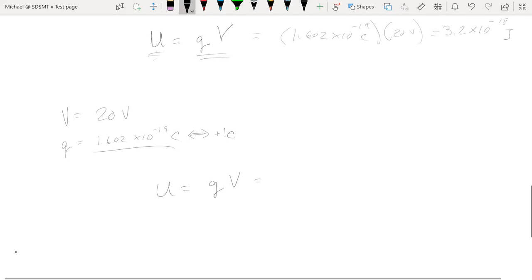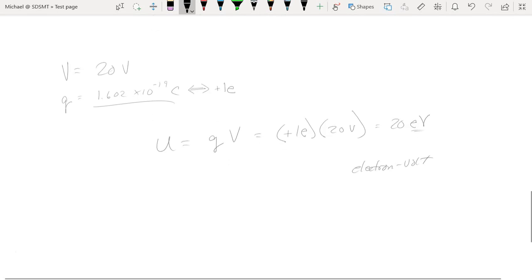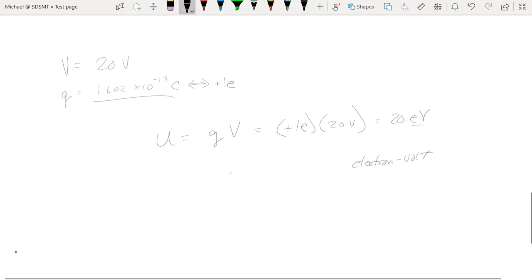If we write things out this way, I now have positive 1e times 20 volts. 1 times 20 is 20. And the units that we now have are the elementary charge times the volt, also known as the electron volt. And this is a unit of energy.